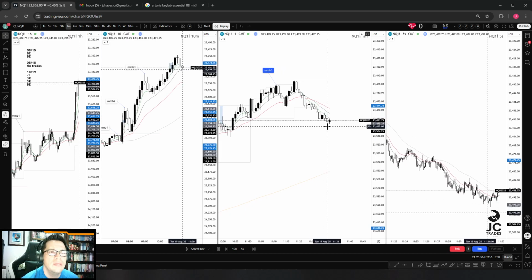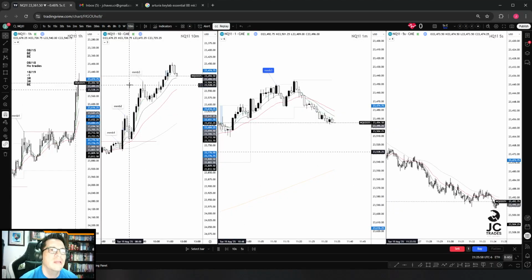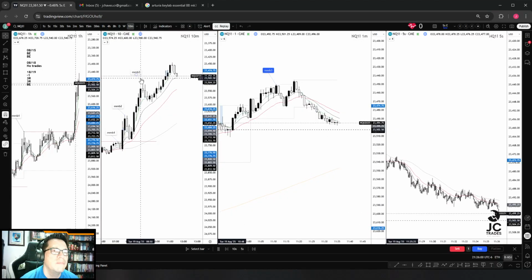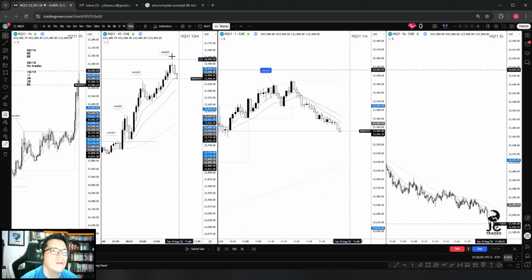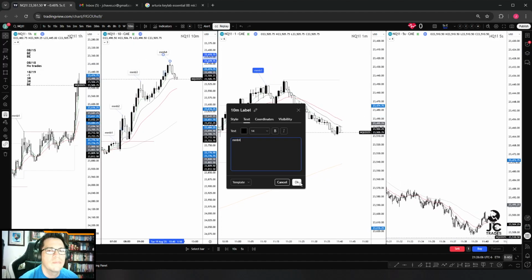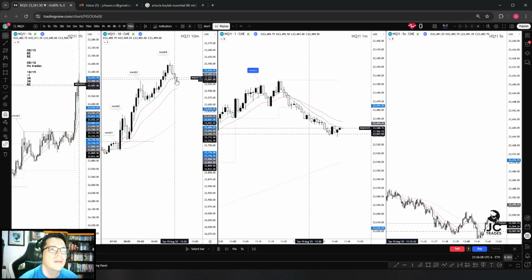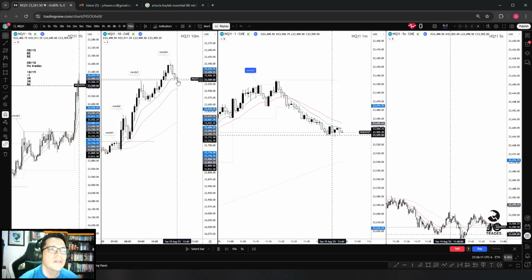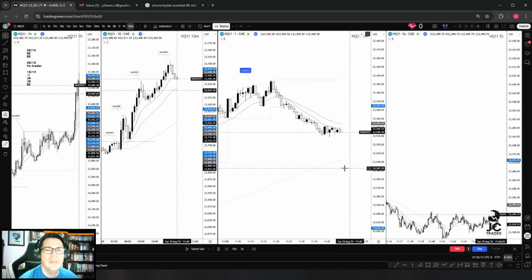the EMAs. We're getting here kind of, this is a buildup of MMB4 on the context time frame. So we're getting the flush on the context to the 10 at this point.